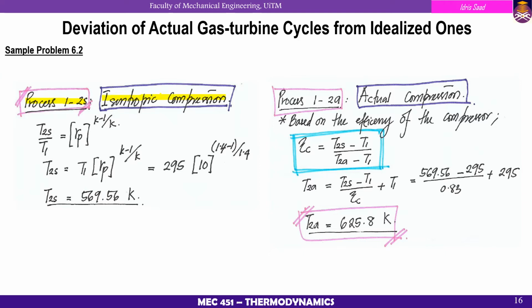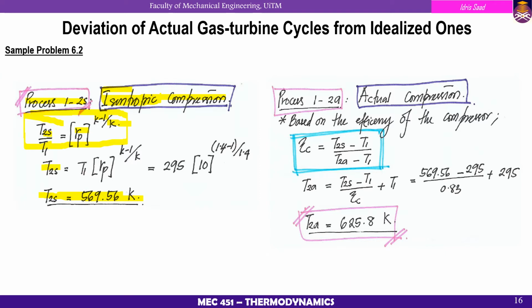When it is isentropic compression, we can use the isentropic relationship: T2S over T1 is equal to Rp to the power of (k minus 1) over k. We can rearrange for T2S, put in all the information, and we get T2S as 569.6 Kelvin.